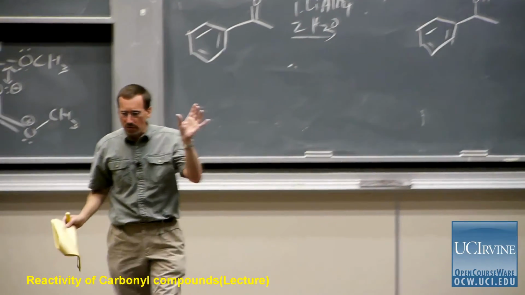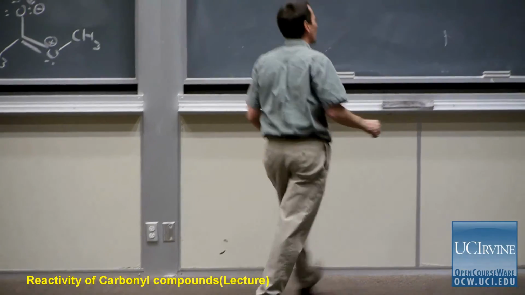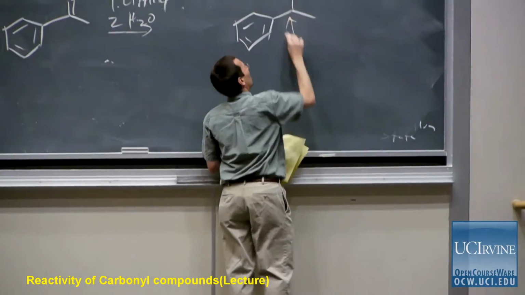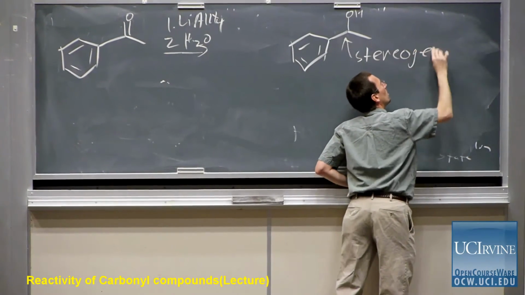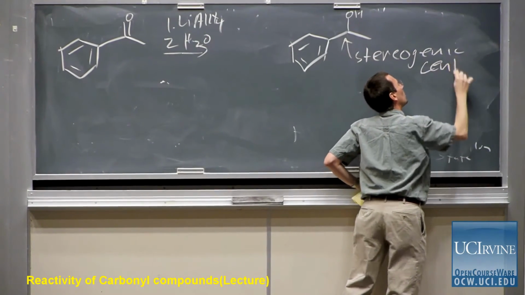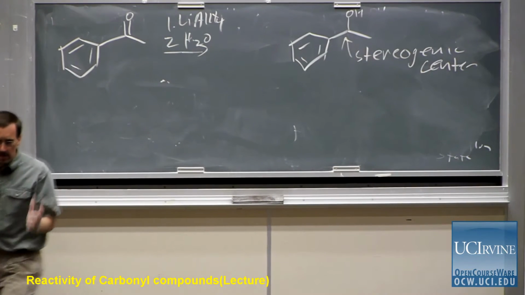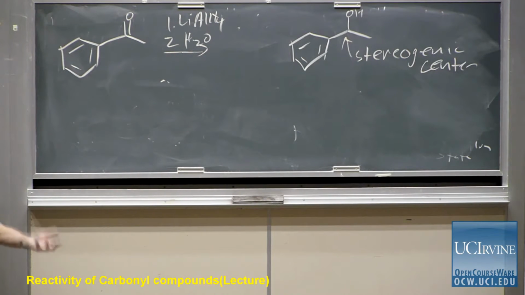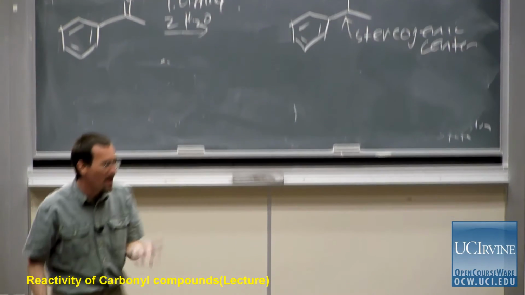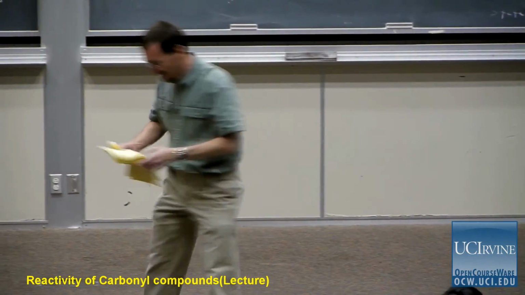Even though I have written that molecule flat, there is a stereogenic center in it. The carbon is a stereogenic center. By that I mean there are 4 different substituents attached to that carbon. Doesn't matter whether I draw it or don't draw it, it is. Just like it doesn't matter whether I tell you my middle name or I don't tell you my middle name, that S stands for something.